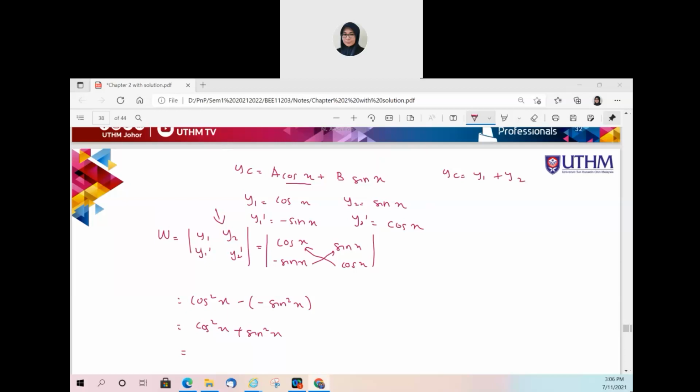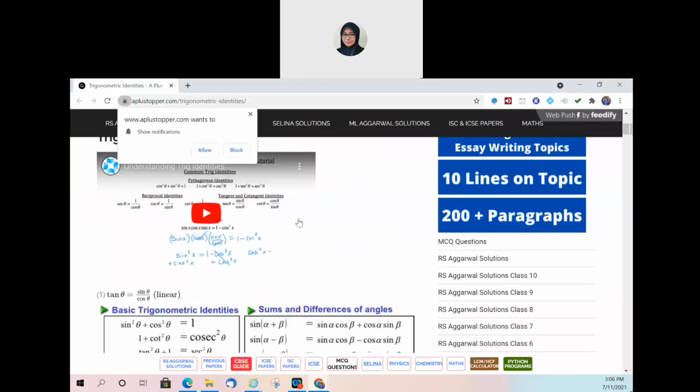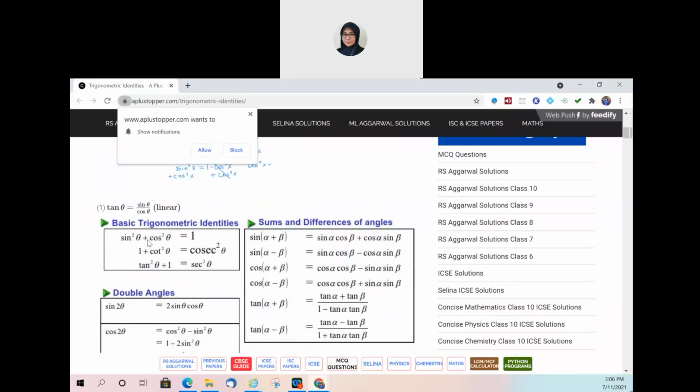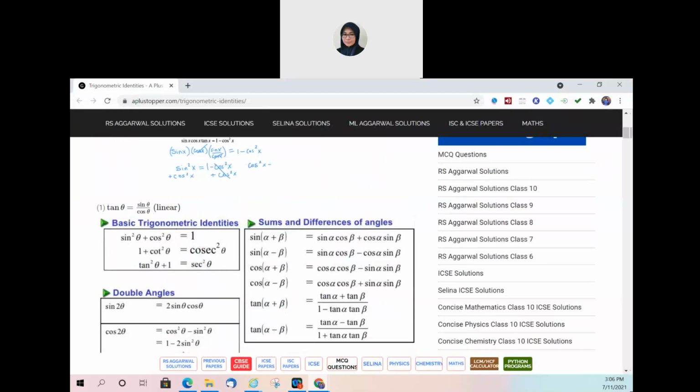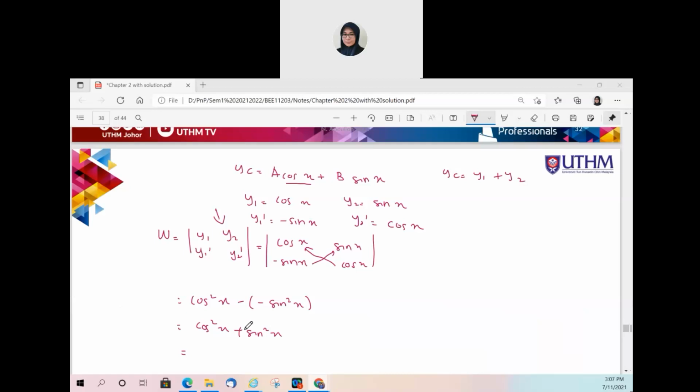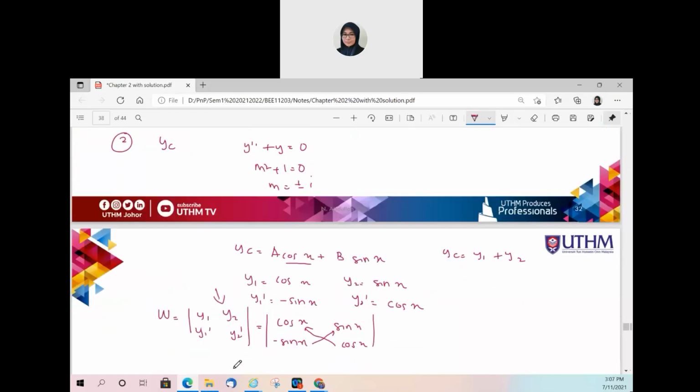Here, sin square x plus cos square x equals 1. So this one equals 1. So W equals 1. Okay, any questions? No.